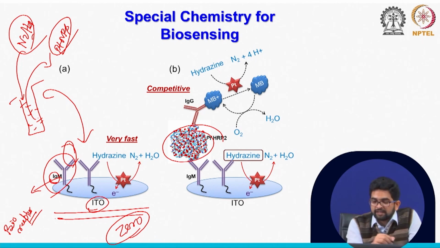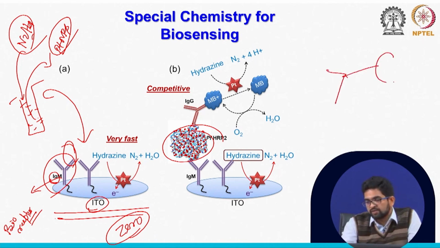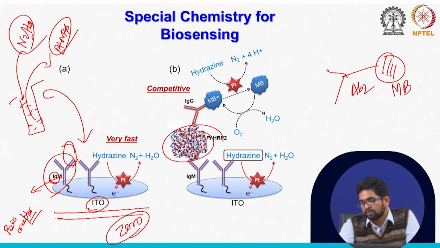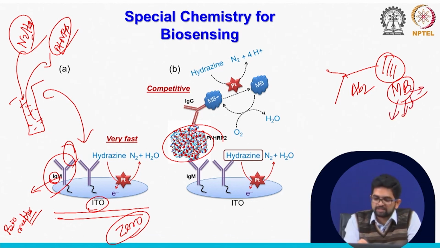So, we conjugate the secondary antibody with methylene blue. Methylene blue can be conjugated with the secondary antibody, and we can control the methylene blue concentration based on your target concentration. Say PF-HRP2 is the target. If there is more target, there is more methylene blue, because the secondary antibody is already conjugated with methylene blue.